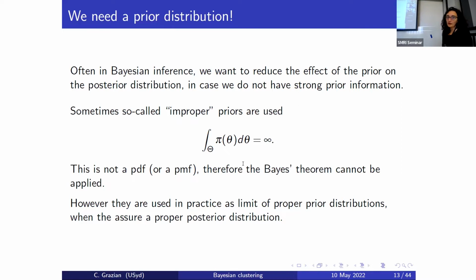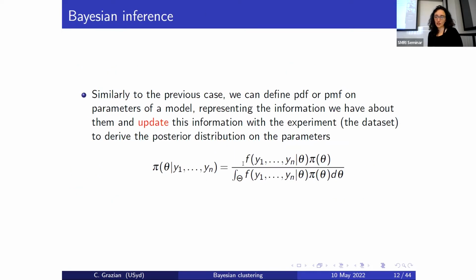An essential step in Bayesian inference is to define this prior distribution. There is a lot of research in how to define these prior distributions for different problems. In particular, when the problem is complicated, it may be difficult.